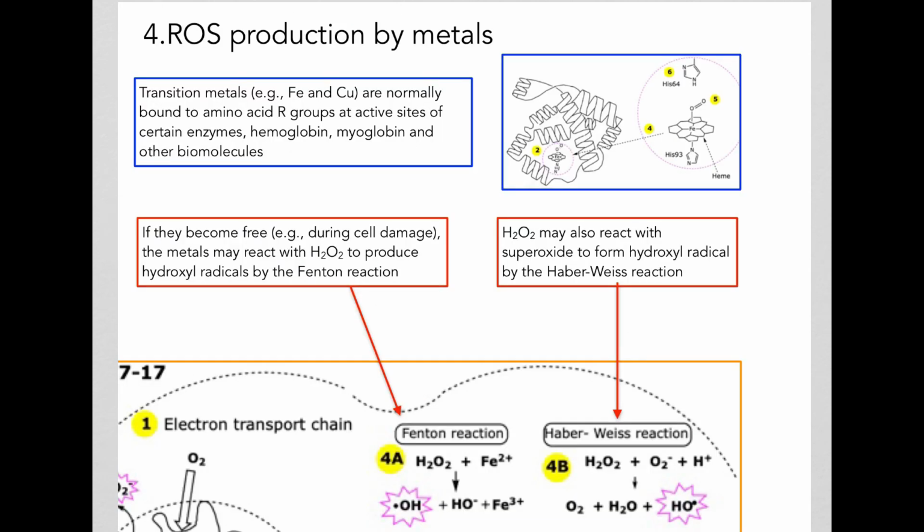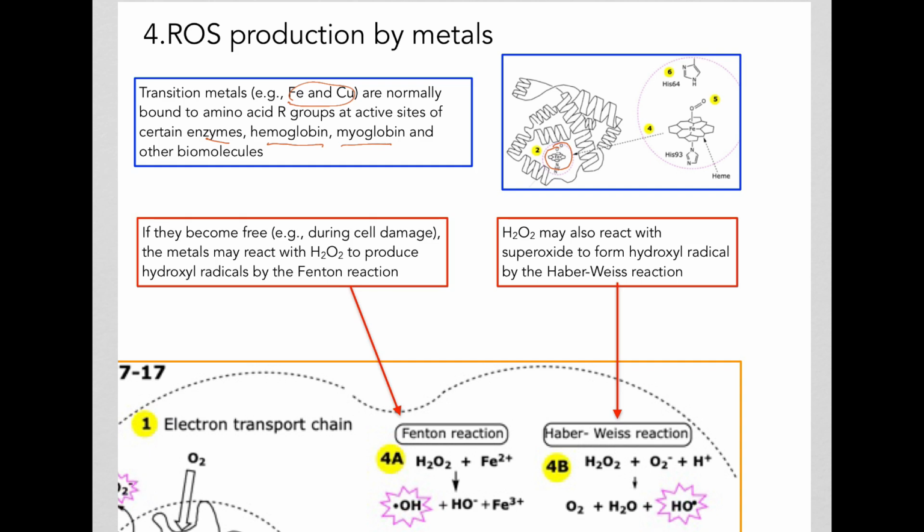Now, another way that leads to ROS production in the body is by metals, especially transition metals such as iron and copper. Normally, these metals are bound to proteins such as enzymes, hemoglobin, and myoglobin, which has iron, and other proteins.